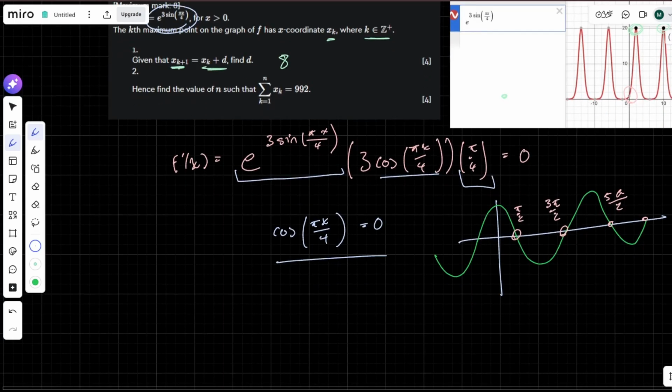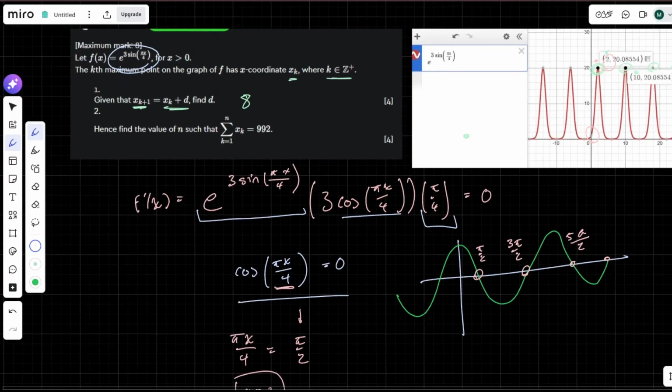So pi x over 4 is equivalent to pi over 2. This is my preferred way of doing this, right? Instead of transforming my function, I know that this entire thing should be pi over 2. So we just try and get a solution. Well, x equals 2 works, and that's pretty convenient because that's our first value.